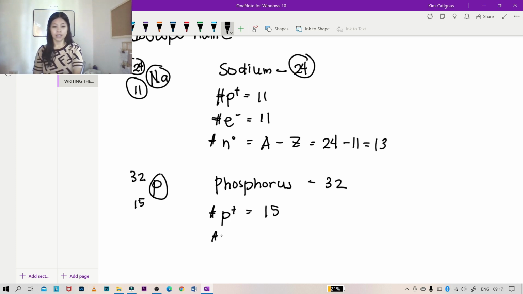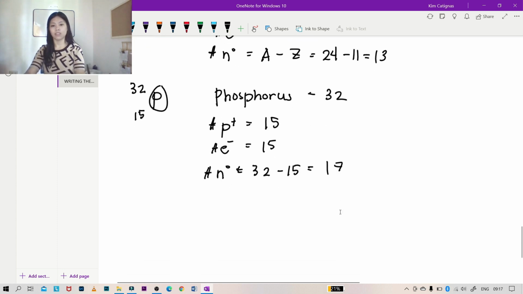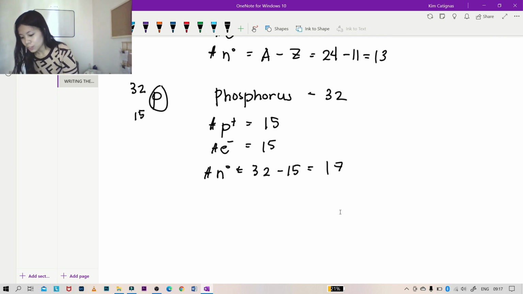Number ng kanyang electrons ay 15 din, pero yung kanyang number ng neutrons, that will be 32 minus 15, so 17. Okay? So, 17 yung number ng neutrons niya. So, that is phosphorus-32. And according to my research, again, ang application niya is for blood volume determination. So, na-determine mo daw yung volume ng blood.